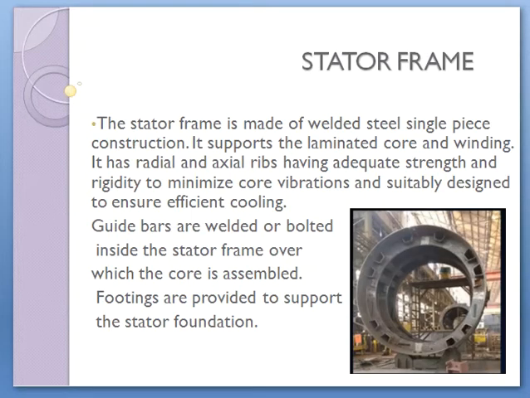The stator frame, as we can see, is made of welded steel, single piece construction. It supports the laminated core and the winding. It has radial and axial ribs having adequate strength and rigidity to minimize the core vibrations, and is suitably designed to ensure efficient cooling.